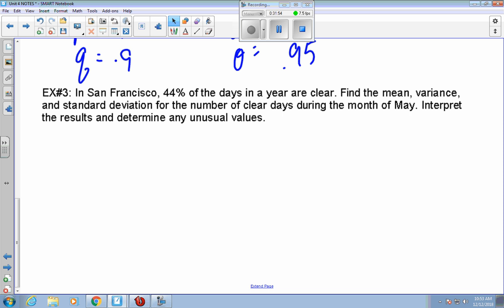Month of May. Yeah. So the trickiest part in example 3 is your n. 31. You guys have to figure out or be able to figure out how many days are in each month. You know how to do it?